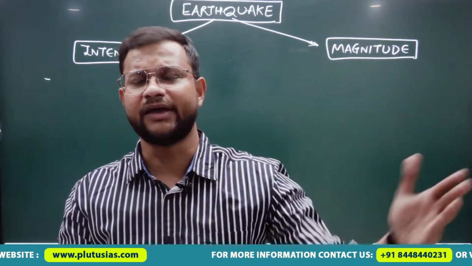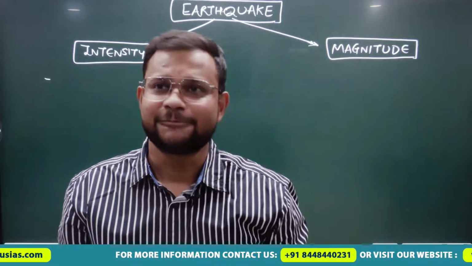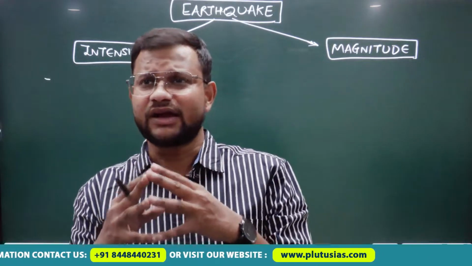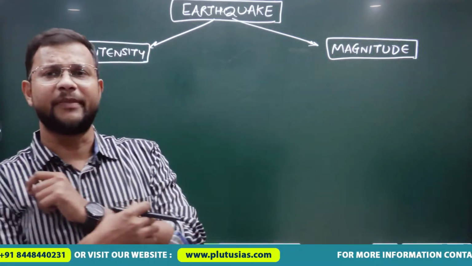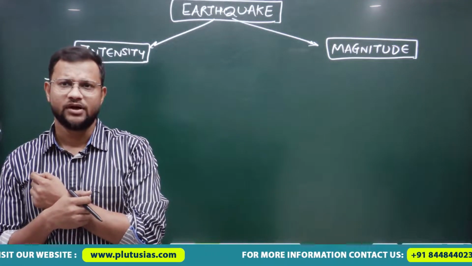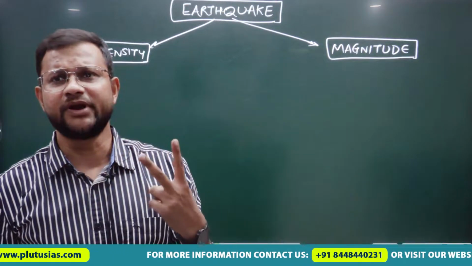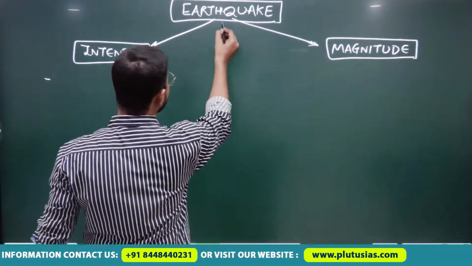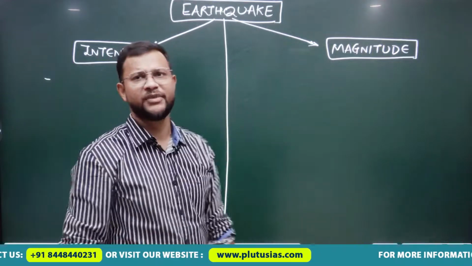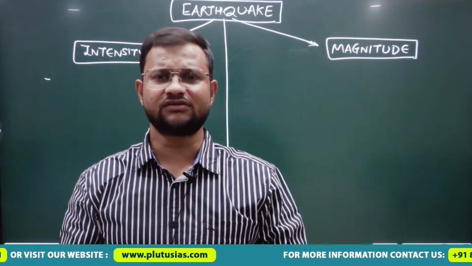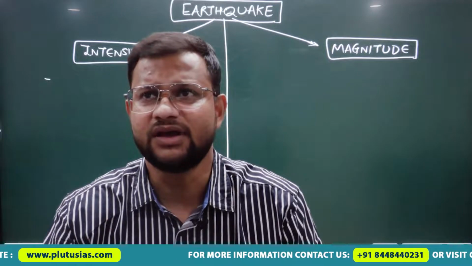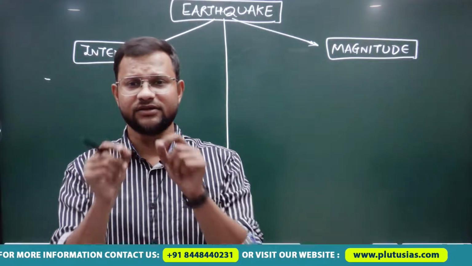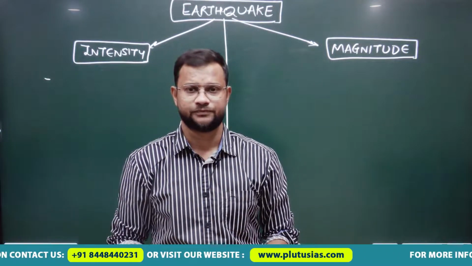Now, इसके बीच में generally there is a confusion that while measuring an earthquake, there are two different terms that are always considered. The one is intensity of earthquake and the other is magnitude of the earthquake. So what exactly is the difference between these two?